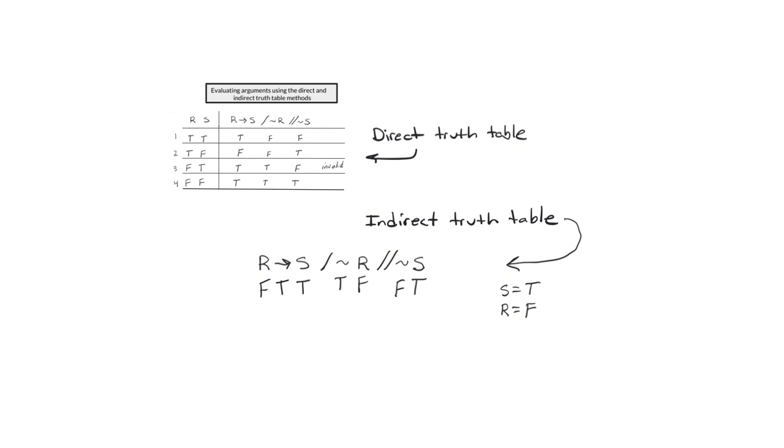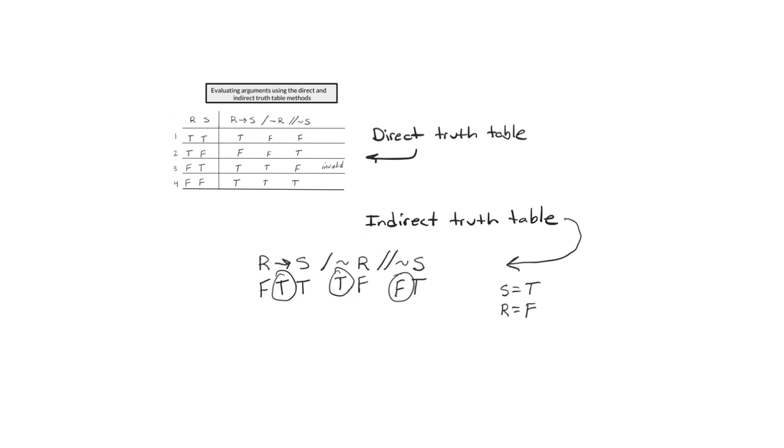There we have it. All true premises and a false conclusion. So we could consistently apply the truth values for R and S, assuming that the argument has an invalid form.